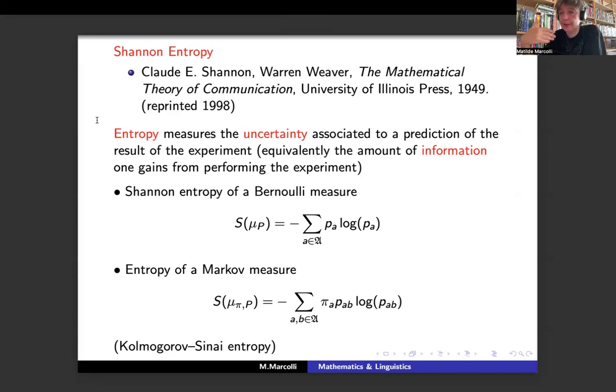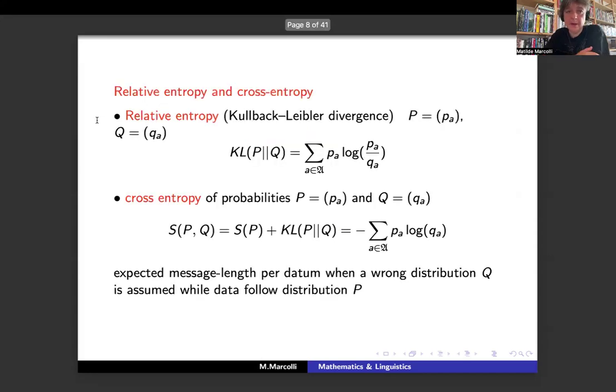Whereas if the probability is uniform across letters, it is the case where you have the most uncertainty and where this entropy is maximized. And for a Markov measure, there is also a corresponding entropy, which actually agrees with the Kolmogorov-Sinai entropy of the underlying Markov chain as a dynamical system.